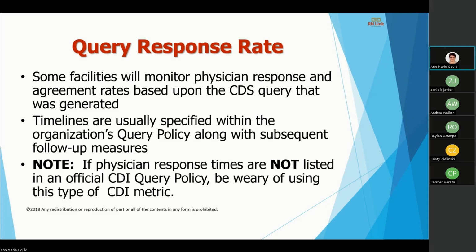There are usually timelines specified within the organization's query policy, along with subsequent follow-up measures. Like Christy and I keep saying all morning long, look at your facility policies. What does your query policy state? And also, just a little note, if physician response times are not listed in an official CDI query policy, be wary of using this type of CDI metric.